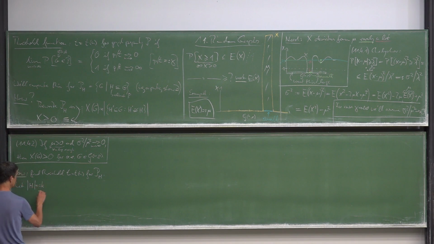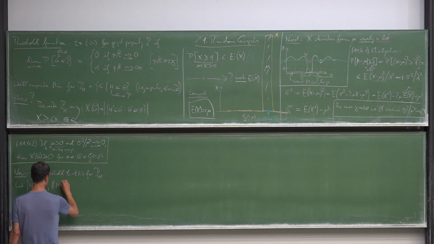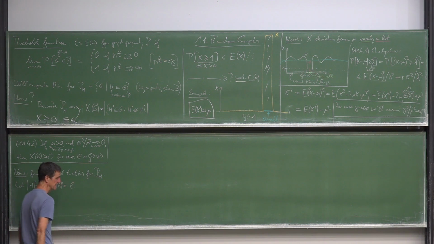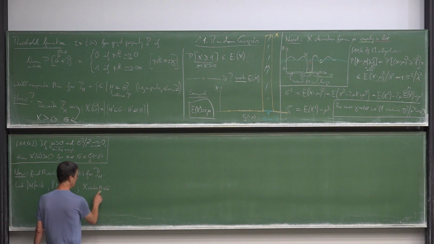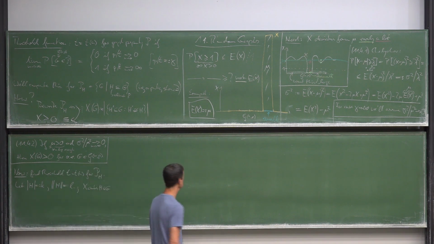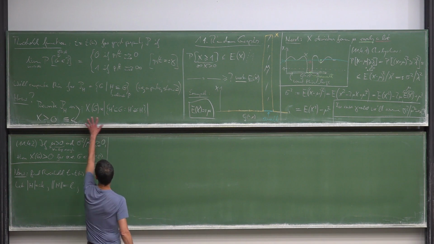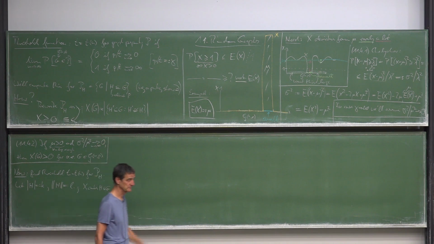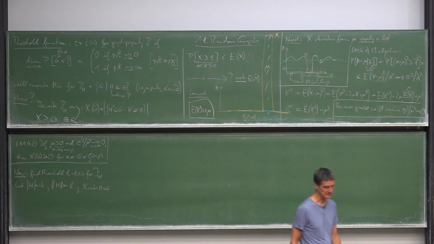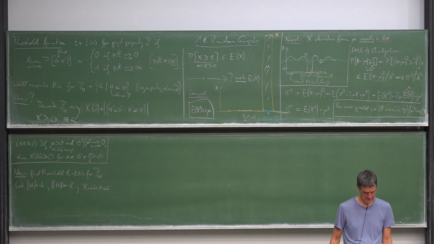Let's say H has k vertices and L edges, and X counts the copies of H here. That's the X we'll be talking about. And gamma I defined, so that's all I want. Right.